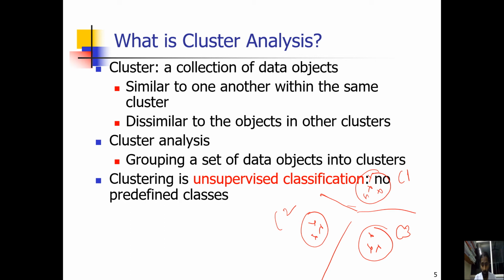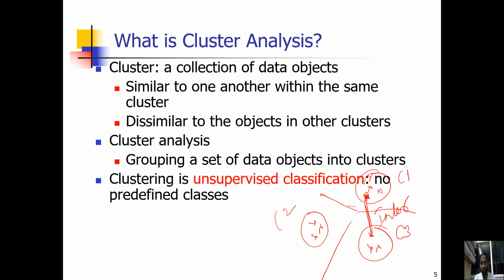And what is the condition for a good cluster? We have to maintain the intra-cluster and inter-cluster distances. Intra-cluster means the distance between two objects within the same cluster. Inter-cluster means the distance between two objects where one object is from cluster 1 and another object is from cluster 2.